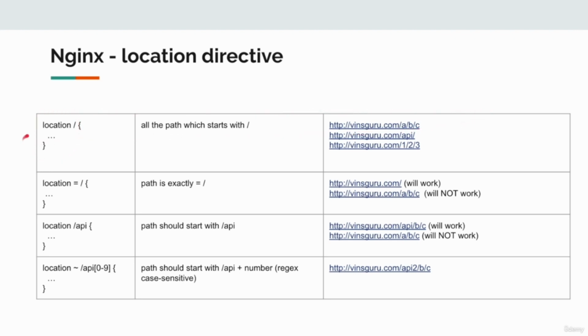Because of that this will always be executed, which we do not want. So if you ever want to have this, put it at the bottom. Whichever should be matched, whichever is high priority, bring it to the top in the server block. I would keep this as the bottom-most else block. Remember that.